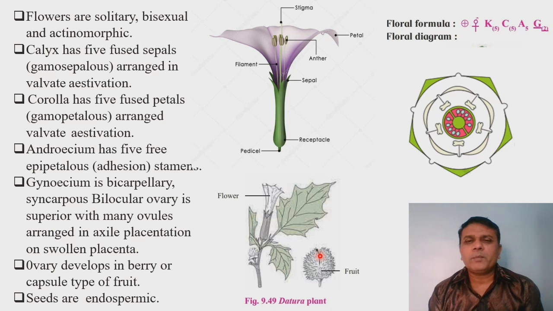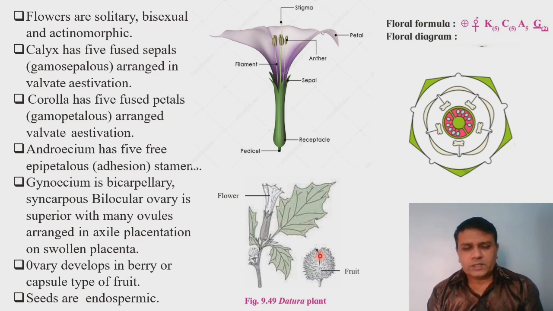Endospermic seed means that after fertilization, endosperm is produced inside the seed, which is utilized by the developing embryo for its development.